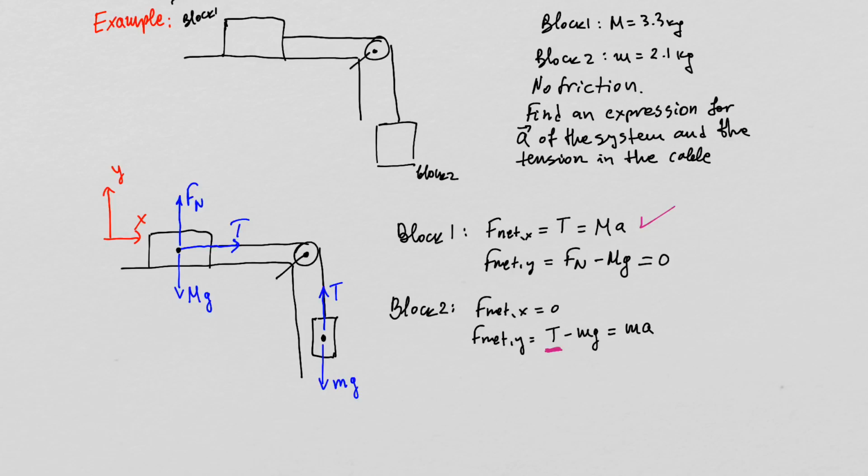Before I start solving the problem for the acceleration, one more very important thing to note is that block number 2 is accelerating down, so that's the direction of the acceleration for block number 2. Well, this is in the direction opposite to the positive y direction.